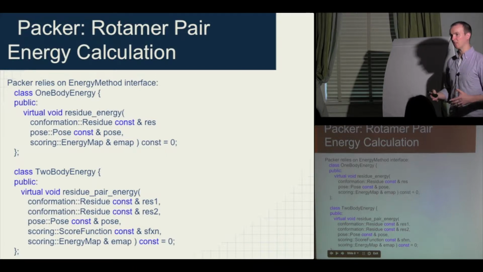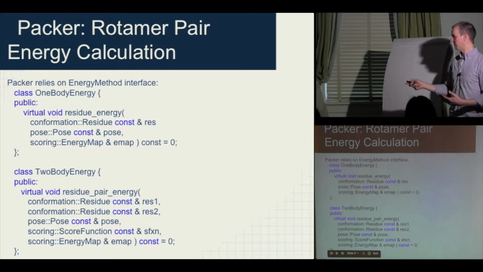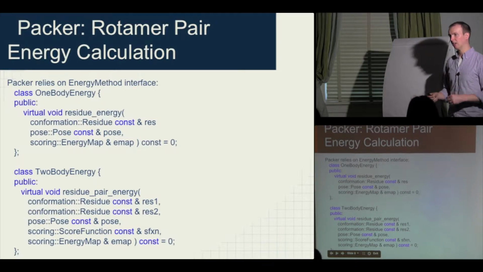If somebody comes along and wants to add a new score function or a new term to Rosetta, they can do so by defining, if it's a one-body energy, a new residue energy function, or if it's a two-body energy, a residue pair energy function. Once they do that, they just activate their scoring term in the score function and hand the score function into the packer, and the packer will use their new energy term to compute the two-body and one-body energies.